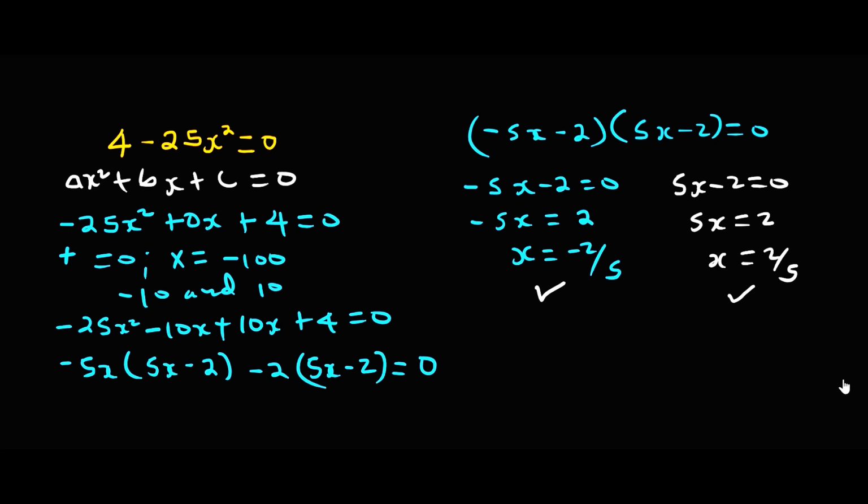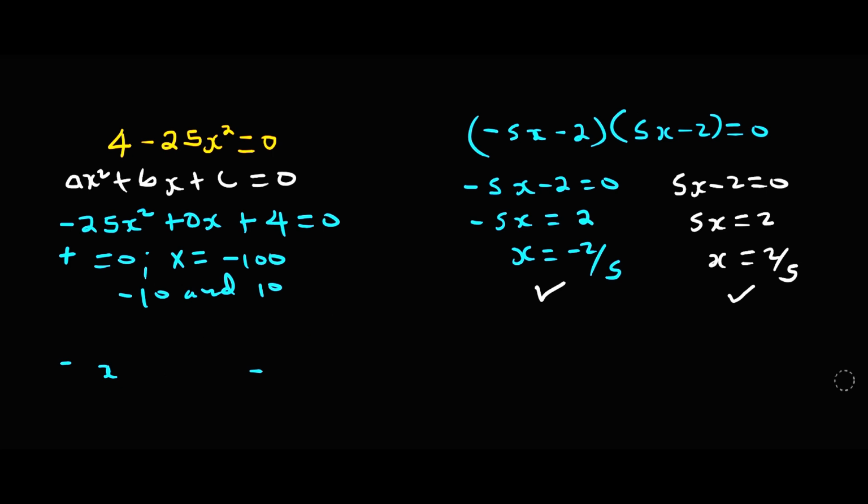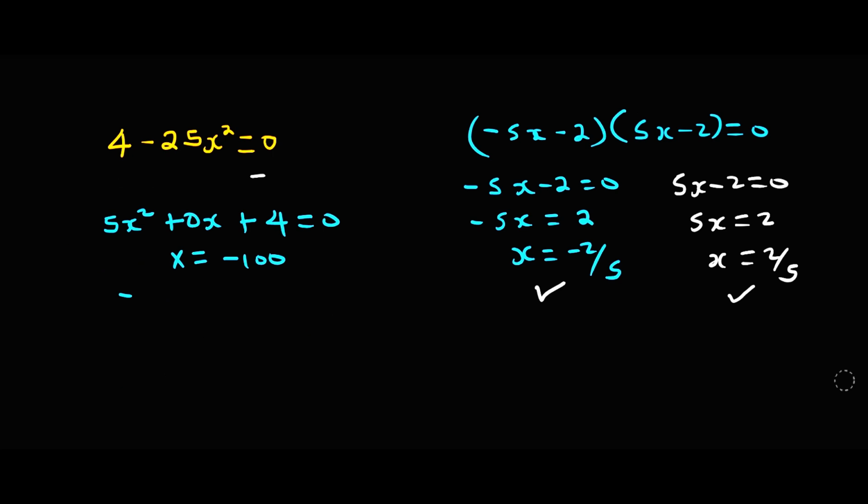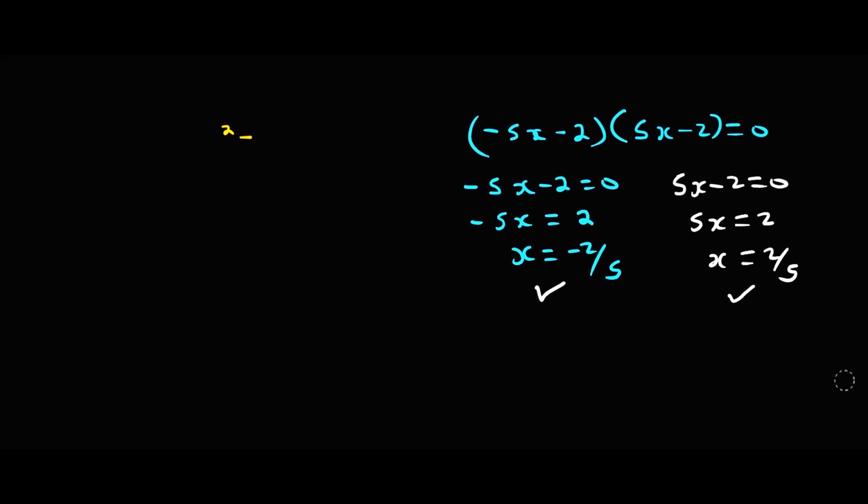So let us look at the other equation, the one with 3 terms. Let us see how that works in this case. The other equation was x squared minus x minus 6 is equal to 0.